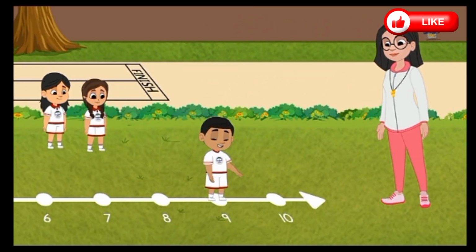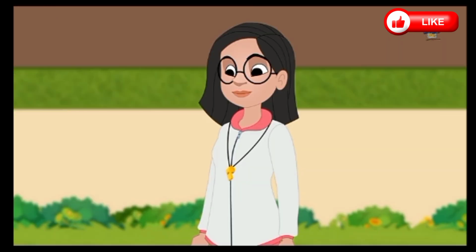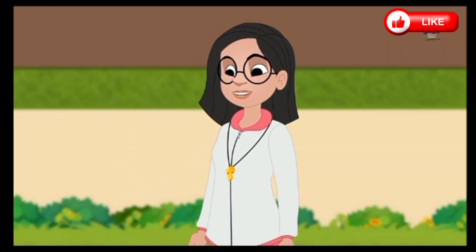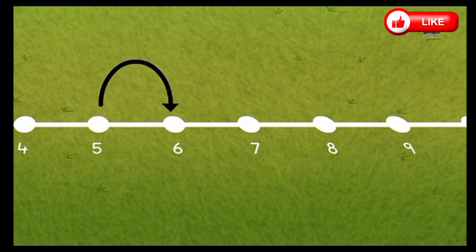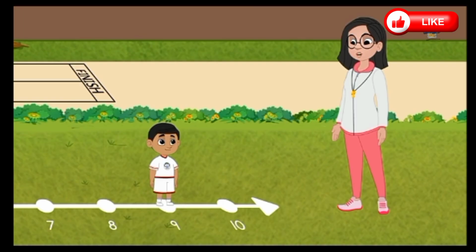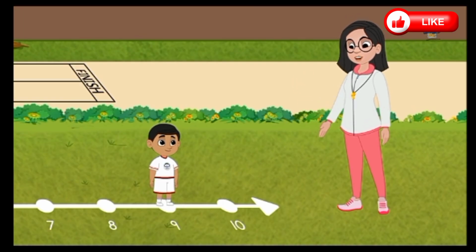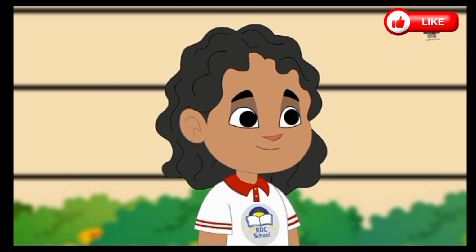I have reached number 9, teacher. That is right, Amar. You were standing on number 5. When you jumped and moved 4 numbers ahead, you reached on number 9. So, when we add numbers 5 and 4, we get the total 9.